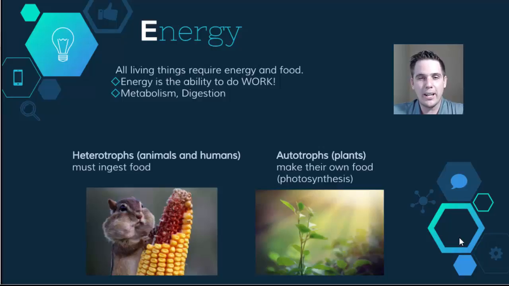And when it comes to the characteristic of requiring energy, most living things fall into one of 2 categories, and that's heterotrophs, which is most animals and humans that must ingest food. That means they actually have to bite into or drink it. Or the autotrophs, which is plants and similar creatures that make their own food. They don't have to go and find it or grow it or hunt it.